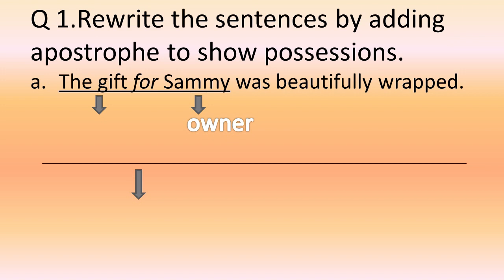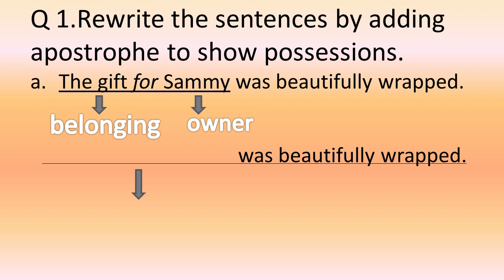Any idea? Okay, I can hear someone saying the gift. Yes, gift is his belonging. You can see that I have underlined the gift for Sami, which clearly shows that the gift belongs to Sami. The rest of the sentence would remain the same.